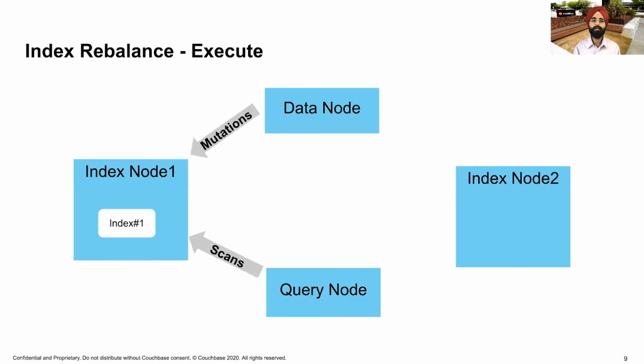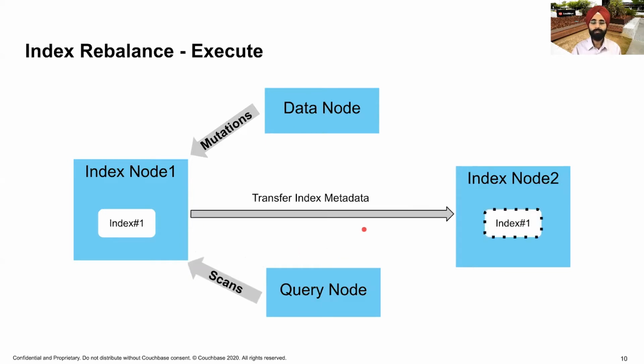So let's take an example of the execution in action. Let's say index 1 here has been determined to be transferred over to index node 2 as part of rebalance. This index is indexing mutations and serving scans for the query.